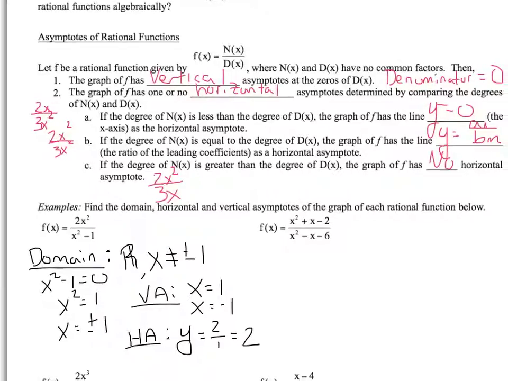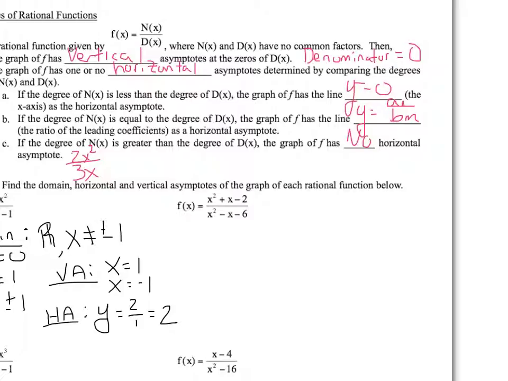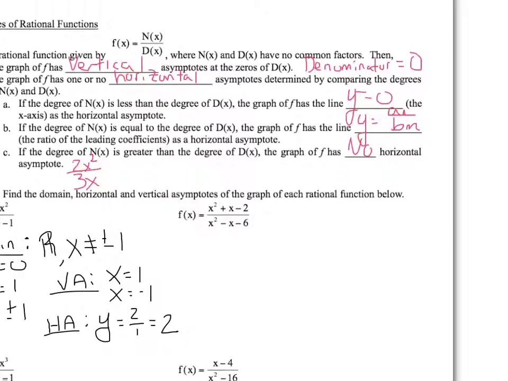Moving on to the problem on the right-hand side. We have x squared plus x minus 2 over x squared minus x minus 6. To find our domain, we set the denominator equal to 0 and solve.